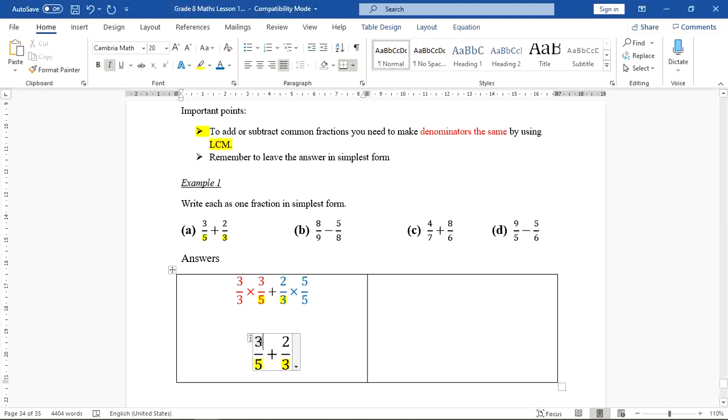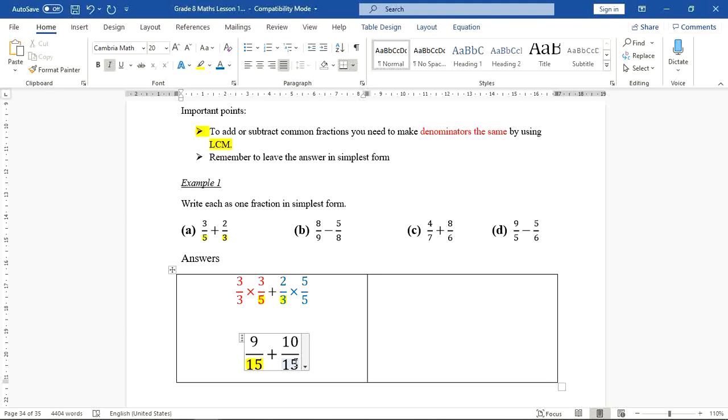That will give me 9. What is 3 times 5? That will give me 15. And 2 times 5: I'm multiplying the reds with the reds, and I'll keep the plus sign in the middle, then the blue by the blue. So 2 times 5 gives me 10, and 3 times 5 gives me another 15.